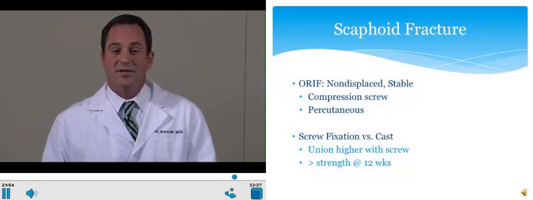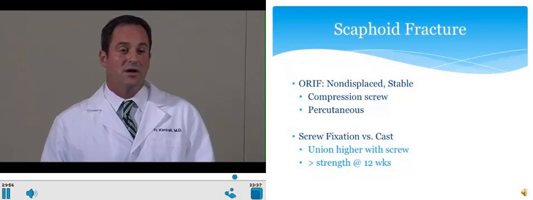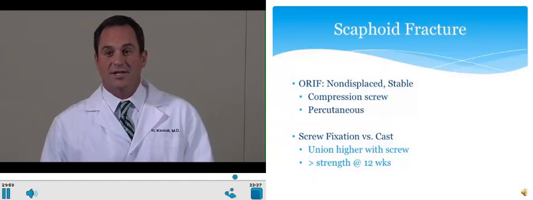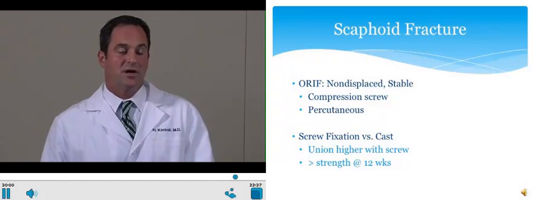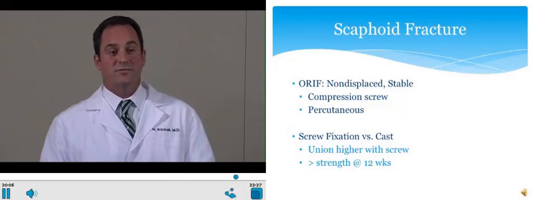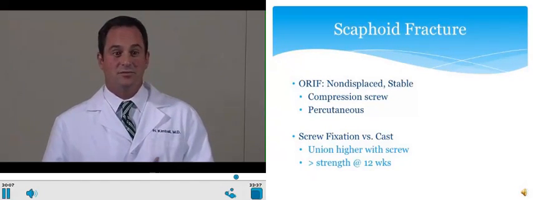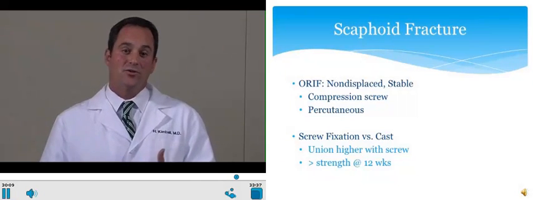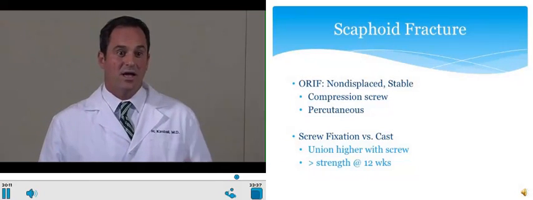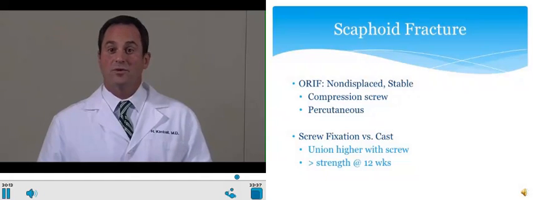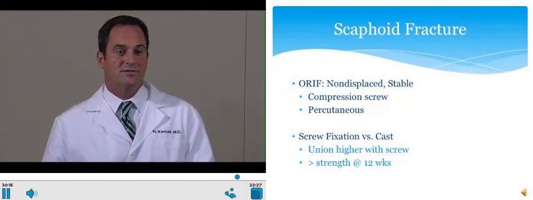Typically, even for non-displaced, stable appearing fractures, compression screws or percutaneous screw fixation is the norm now. Studies comparing screw fixation versus a cast show higher union rates with screw fixation and greater strength at early recovery, in essence.